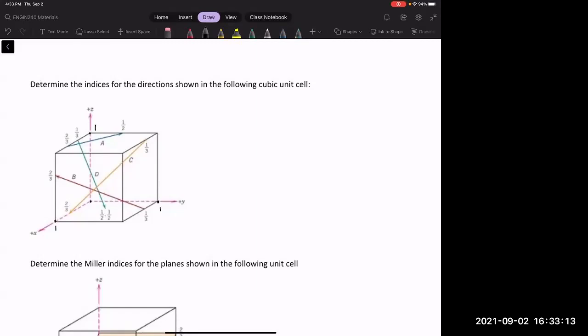For example, let's look at A. So this is the A here. The A represents a direction, so we want to find the direction. The direction is from this point to this point. So the tail is the 2/3.